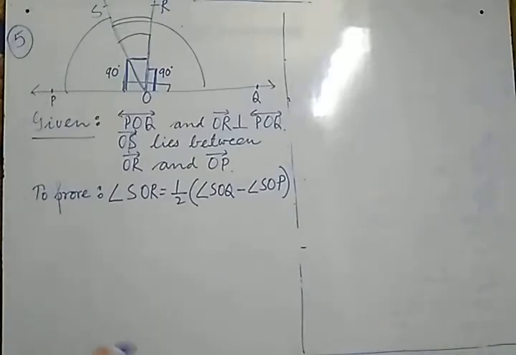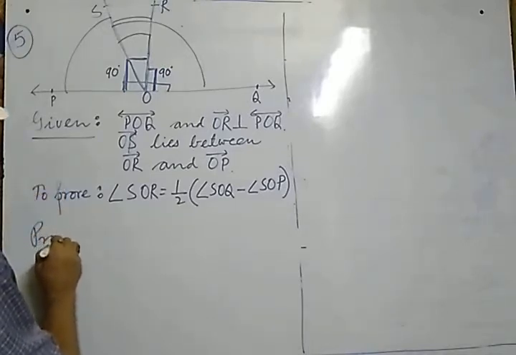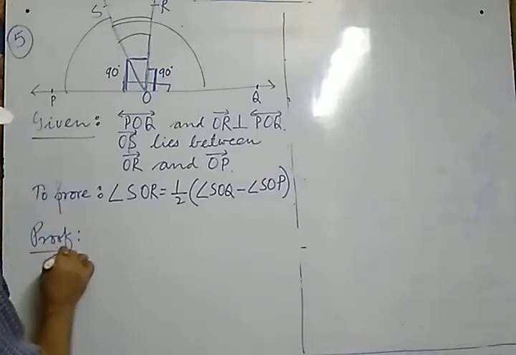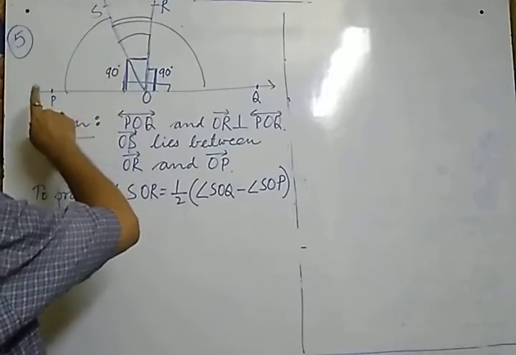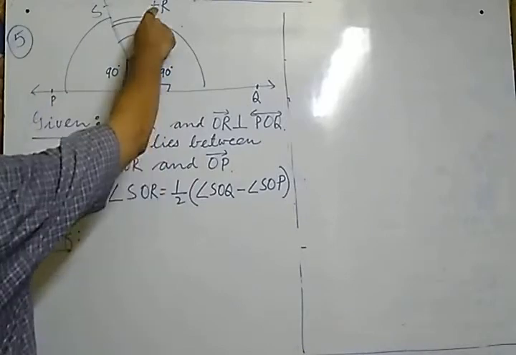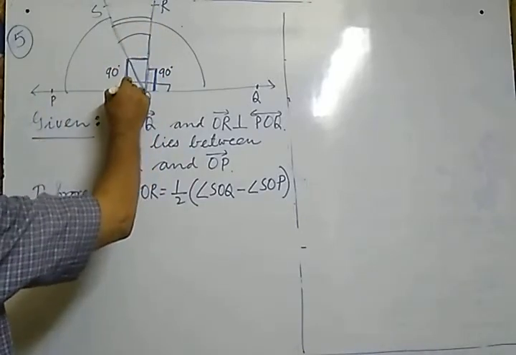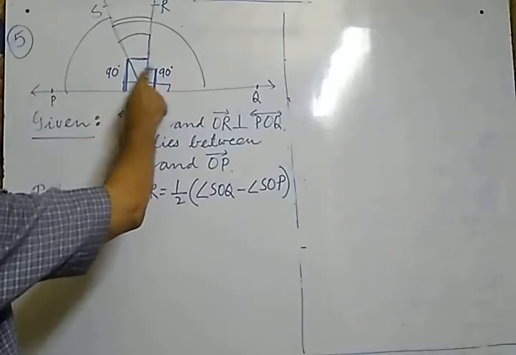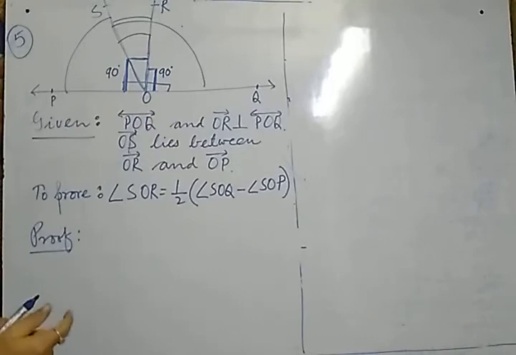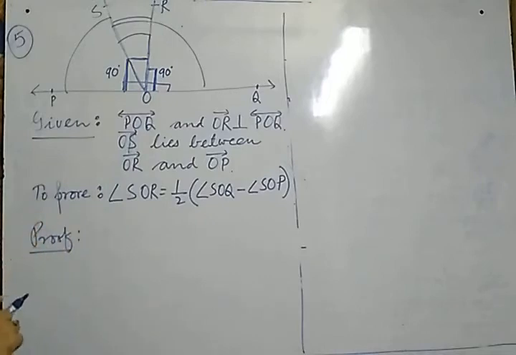Now, how can we prove this? So we have to note down proof. Now see, firstly we have to prove that angle POR is equal to 90 degree. Means we have to prove that this angle is 90 degree. How can we prove? This angle plus this angle equal to 180 degree, because both the angles are linear pair.